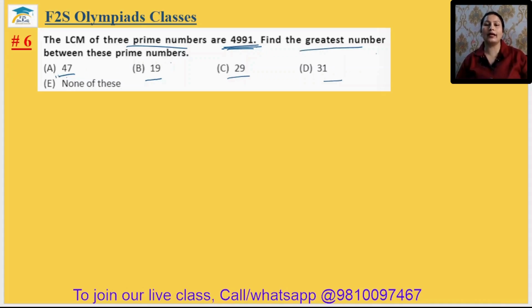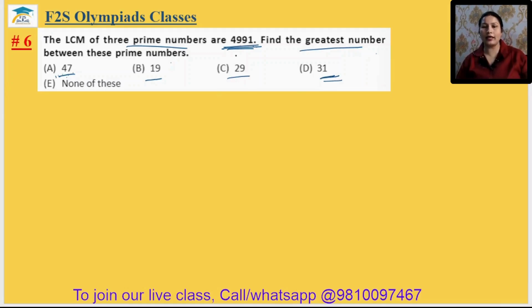So if you divide 4991 by 47, you can see it is not completely divisible by 47. So it means 47 cannot be that prime number. Okay. Now the next bigger number is 31. So check with 31.